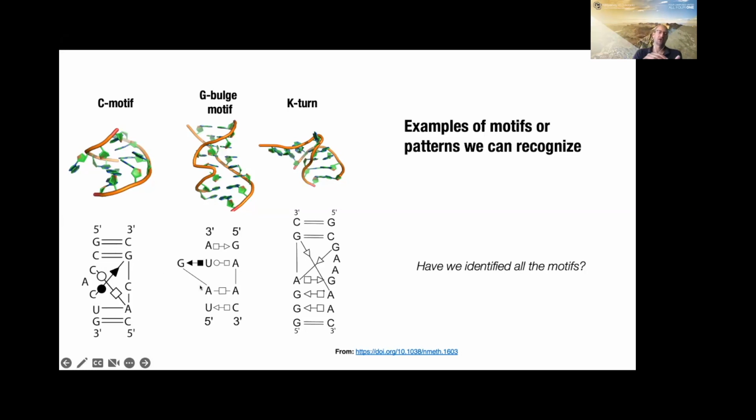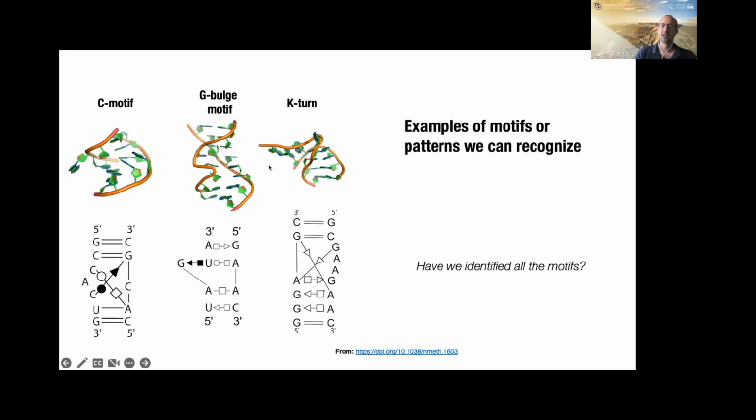So this is a nomenclature that was brought forward in the early 2000s to describe these types of interactions because we fell short with just the lines that we use for AUs and GCs. We need some symbols to show what these pairs are actually doing in 3D. So people who work with RNA structures are able to see an AG with a square and triangle and figure out in their head, oh yeah, the A interacts with the G in such a way and so forth.